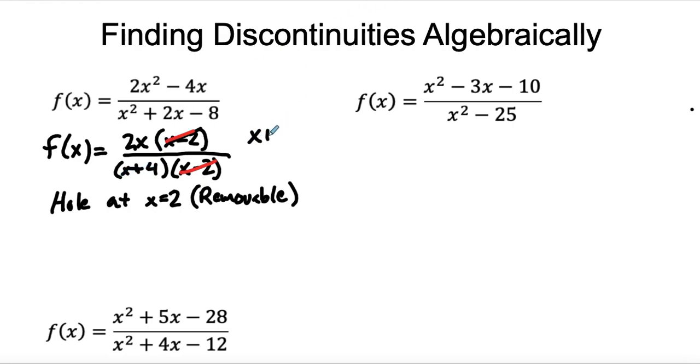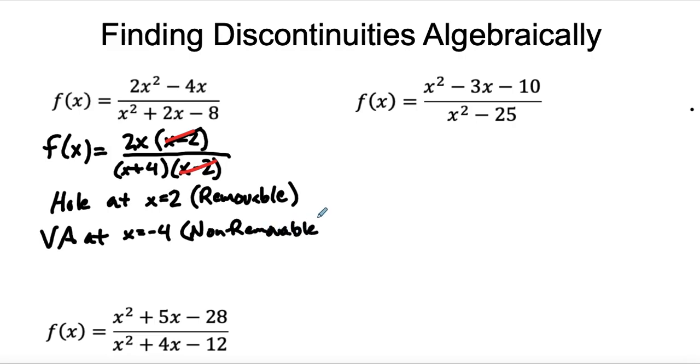Well, x plus 4 equals 0, so it's always the opposite of what you see there: x equals negative 4. So that means there's a VA at x equals negative 4, and that is a non-removable discontinuity because it's not something you can take out of the graph, but a hole is like you're removing a value.